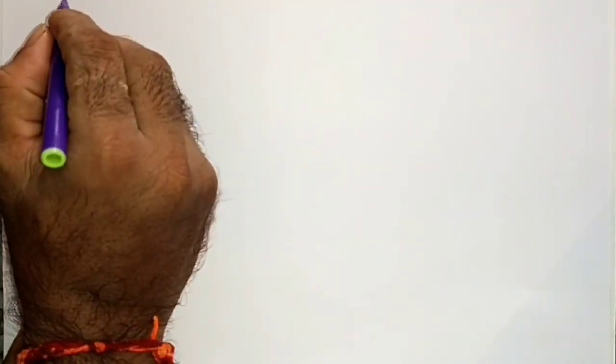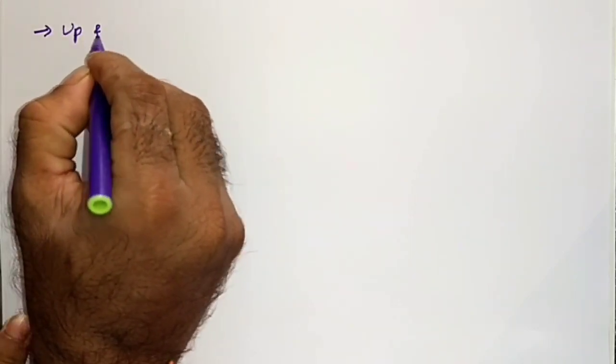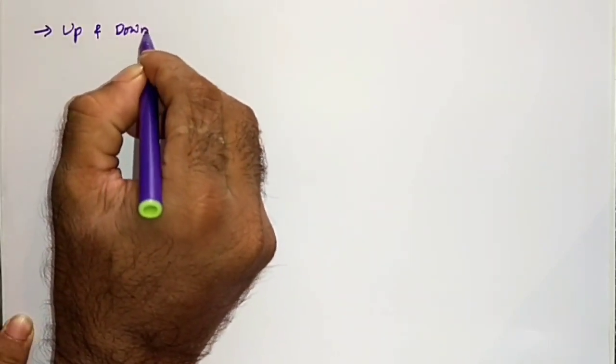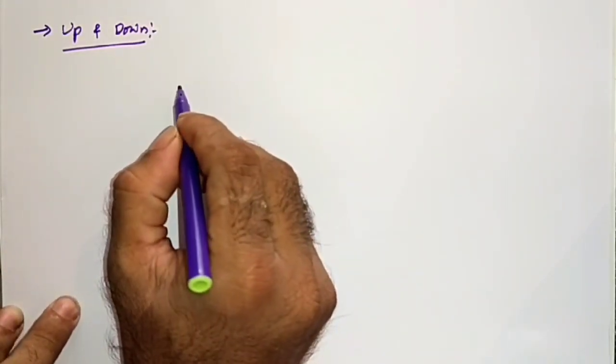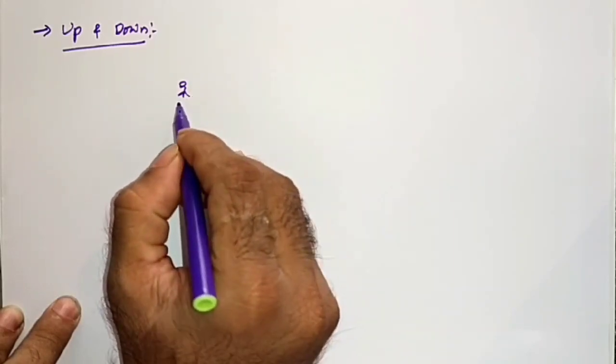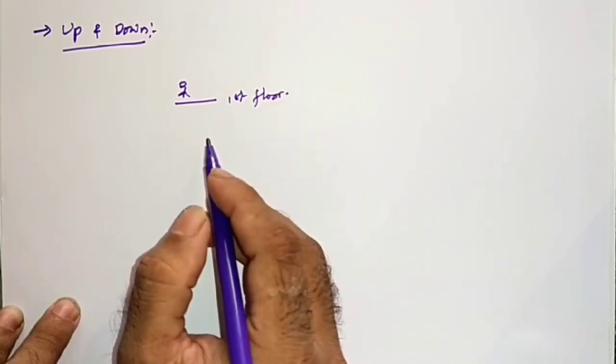Similarly, there are some more relative terms which we have to know: up and down. These are also relative terms. How are these relative terms, sir? Suppose you are on the first floor of your house.